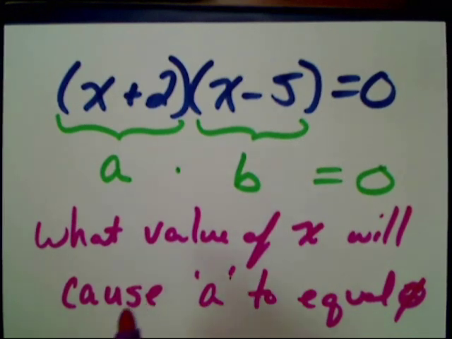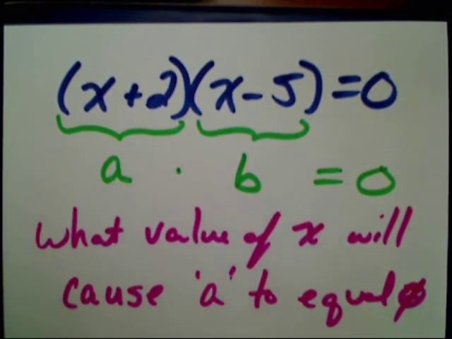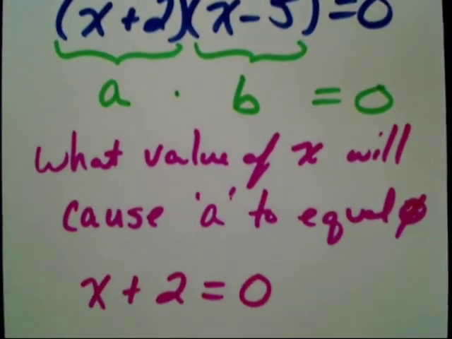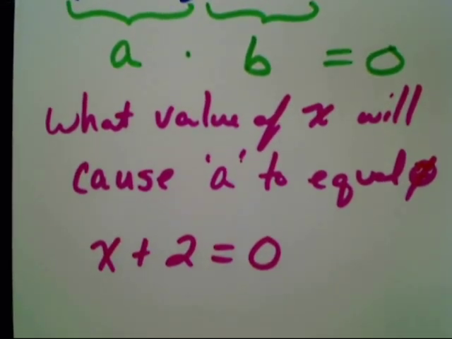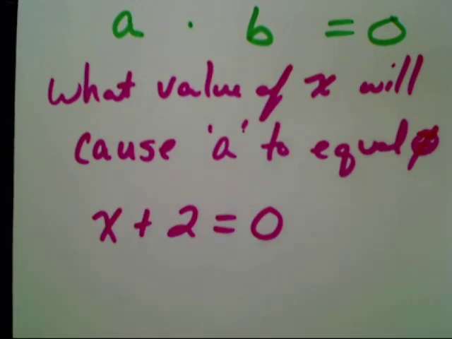Because A has to be 0. So what's going to cause x plus 2 to equal 0? Well, now this is a little equation. It's a linear equation because our x is to the first power, and we should know how to solve this one at this point.